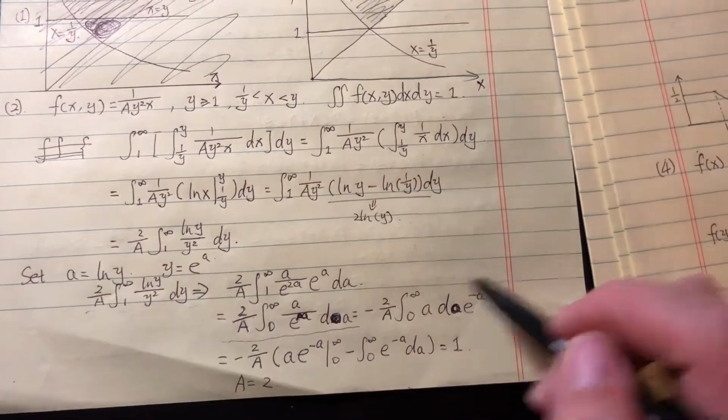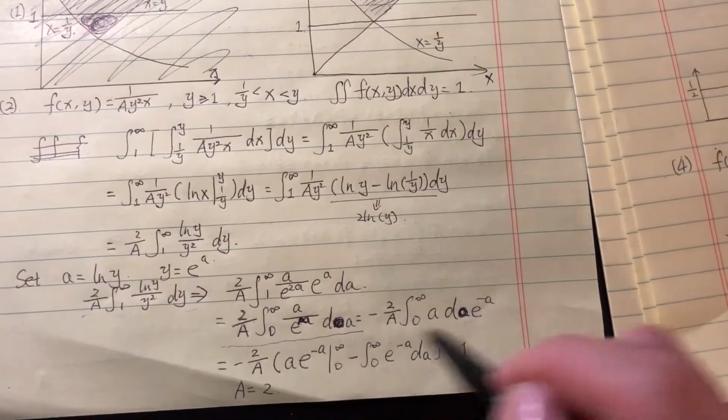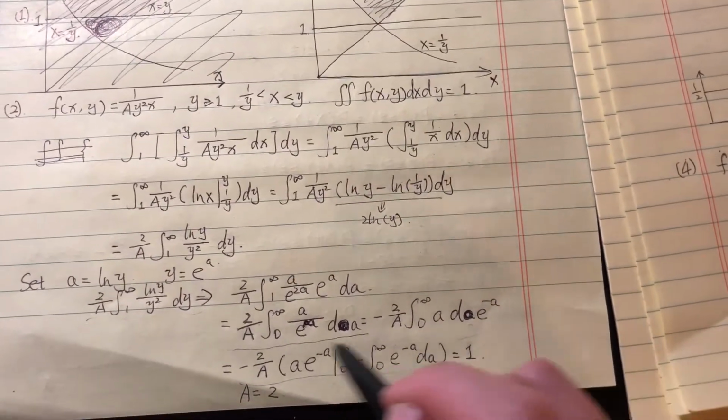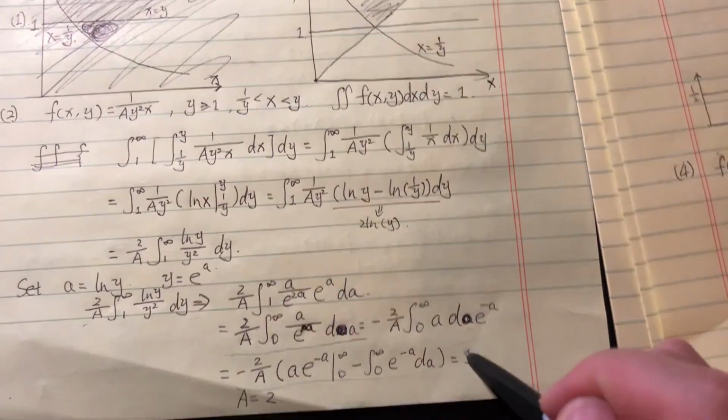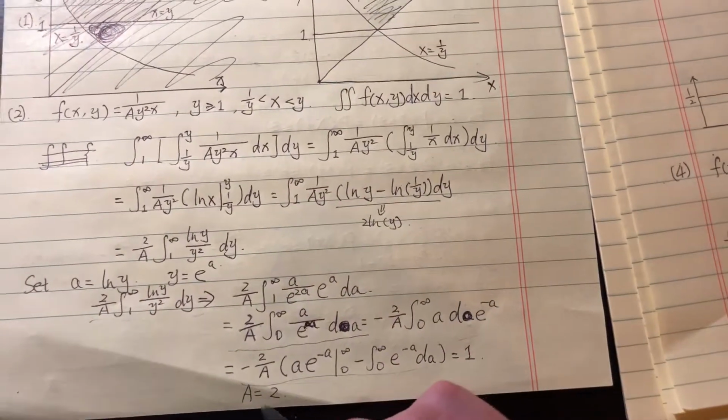So this part is equal to 1, sorry, so a is equal to 2.